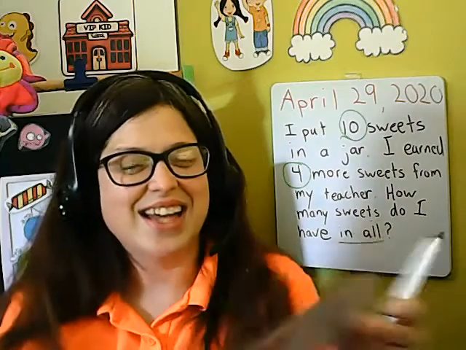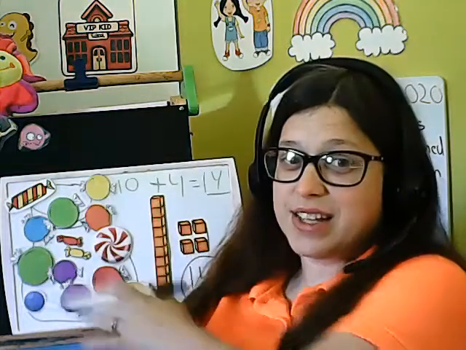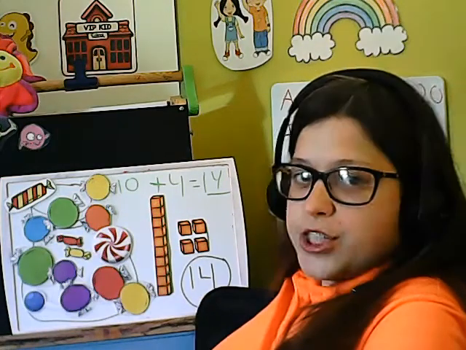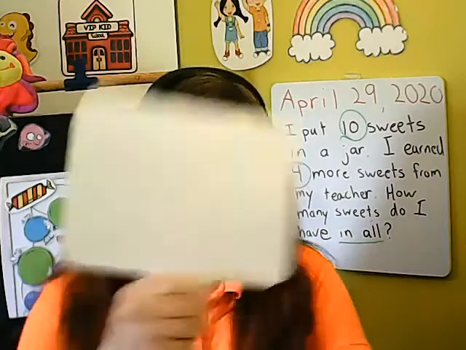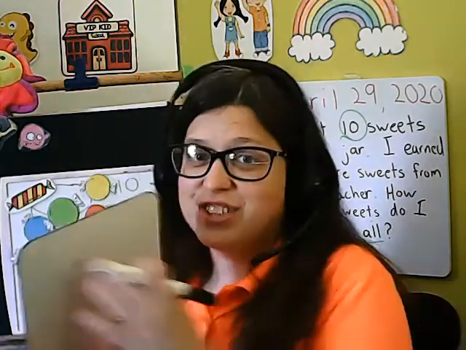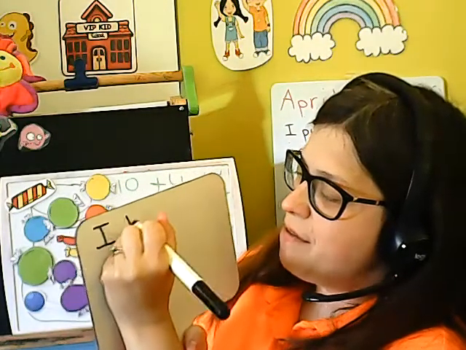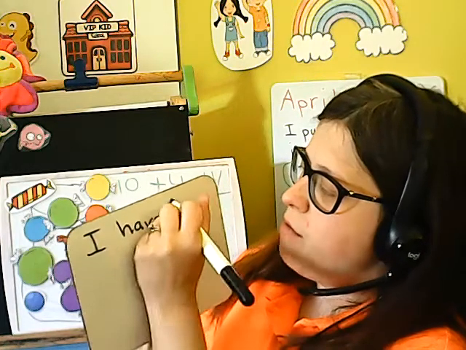Let's write that in a sentence. When you do your math challenge problems, you have to show your work at least one way. Show your number sentence, show your answer, and write a sentence showing how you got your answer. So I have 14.